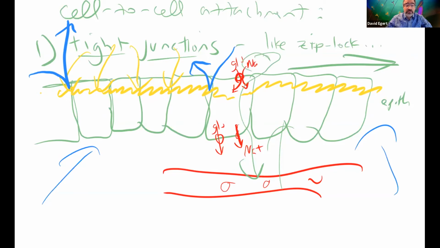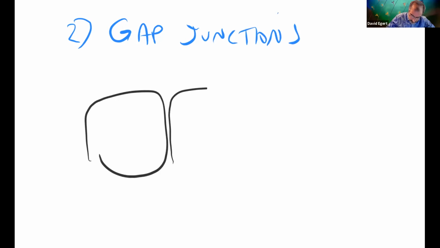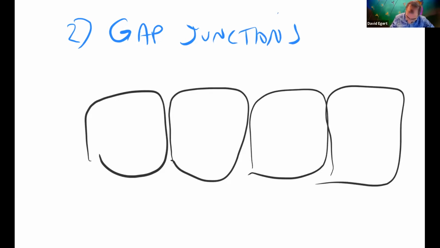Another kind of cell-to-cell attachment that we will be seeing in this class are the gap junctions. So I have my cells, and gap junctions literally connect the cytoplasm from one cell to the other.